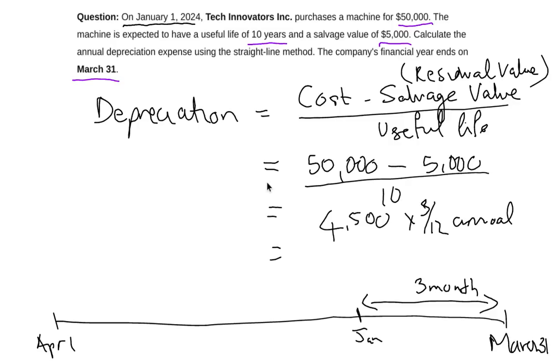So we say 4,500 times 3 over 12 months, and then the depreciation for the 3 months this year is 1,125. So that's how much depreciation we are going to account for.